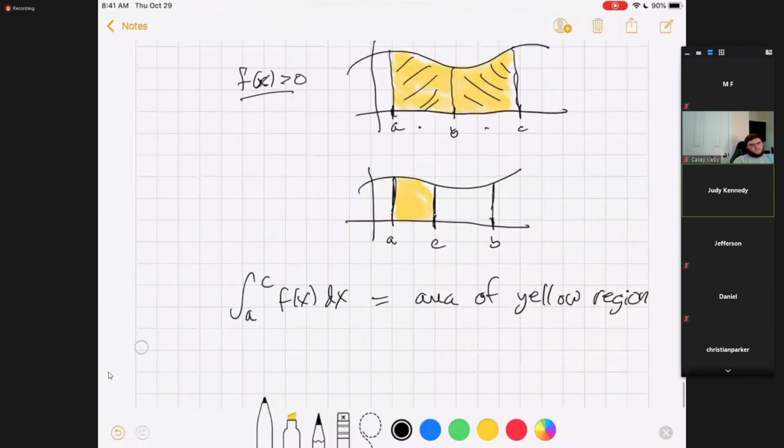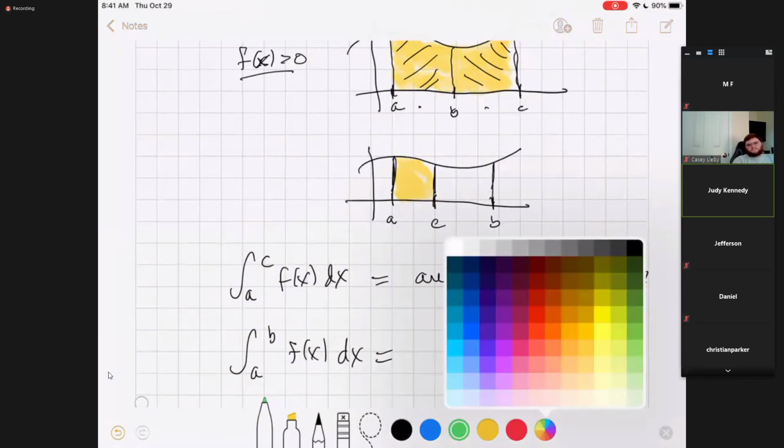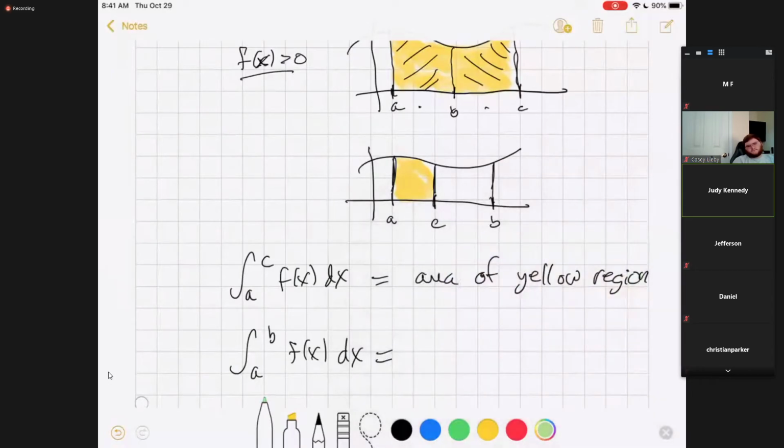Okay, well, the integral from a to b, maybe I'll just pick a really pale green. The integral from a to b is the entire region, right?